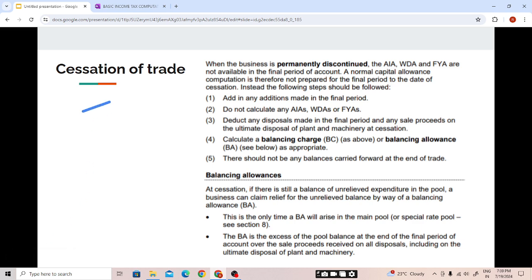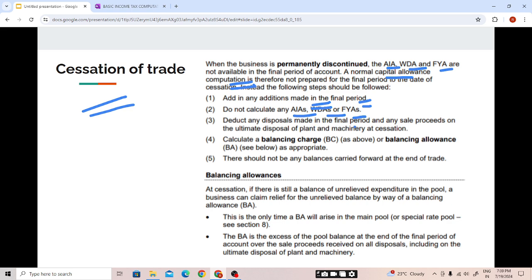Then we have seen the cessation of trade. When a business permanently ceases or discontinues, AIA, WDA and FIA will not be available, and the normal capital allowance computation will not be prepared. Any additions made in the final period will be added to the respective pool, we will not calculate any AIA, WDA or FIA.